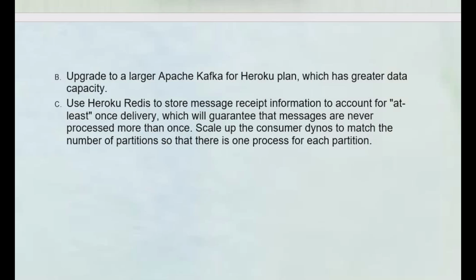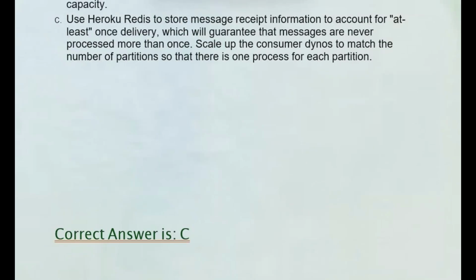Option C. Use Heroku Redis to store message receipt information to account for at-least-once delivery, which will guarantee that messages are never processed more than once. Option D. Scale up the consumer dynos to match the number of partitions so that there is one process for each partition. Correct answer is option C.